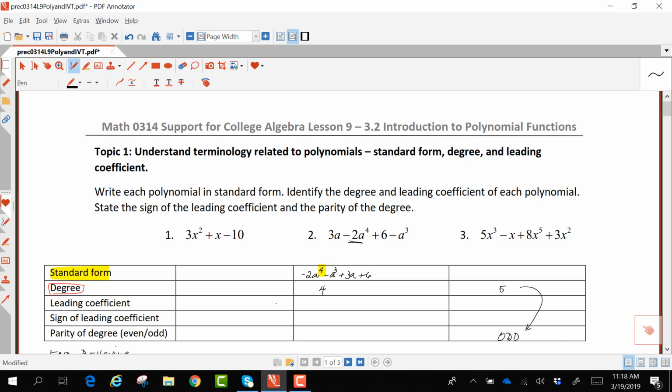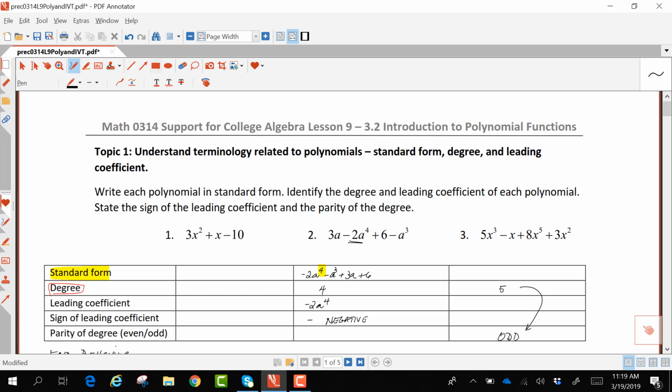This is really important, the degree of the polynomial, as we study this chapter. The leading coefficient is the first term in our polynomial written in standard form. The sign of the leading coefficient is negative because it begins with a negative 2. This is also an important piece of information.